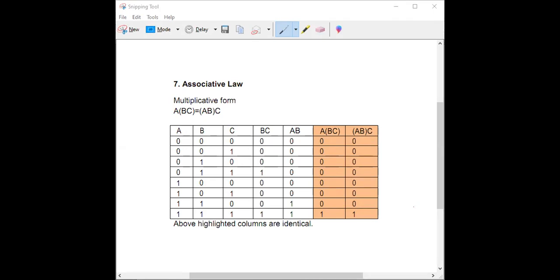Multiplicative form. We'll go to the additive form. Okay, take it down. This is the additive form. After finishing, raise your hand.